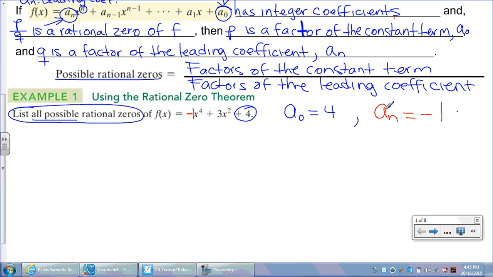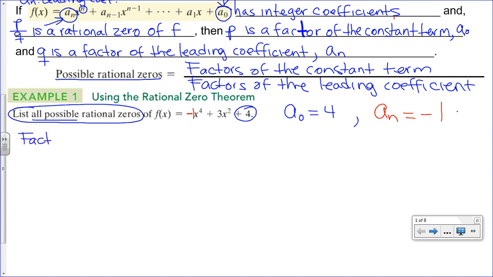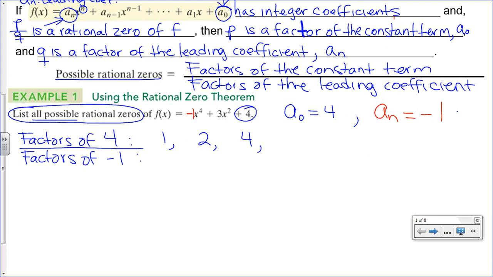So what I'm going to do is list all the factors of 4 and divide them by all the factors of -1. So the factors of 4, we have 1, we also have 2, and we also have 4. But now we could also consider -1, because 4 could be divided evenly by -1, also -2, and also -4.